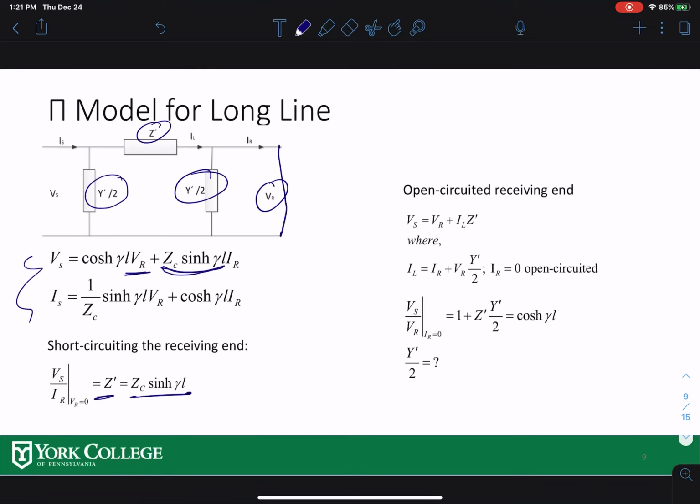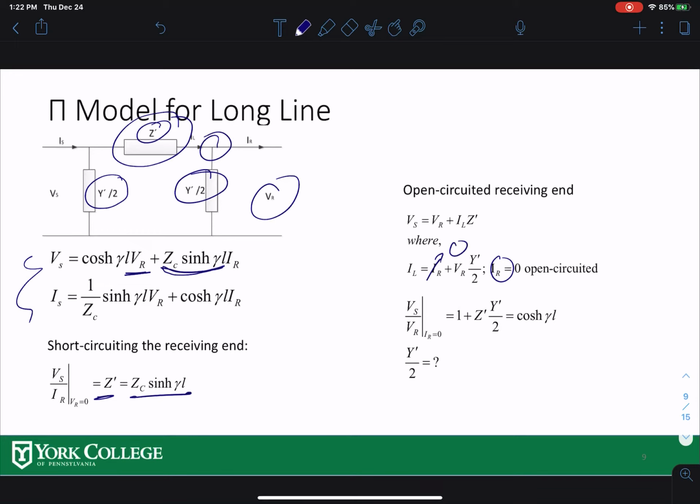And for the open circuit test, if you leave it open, your VS over here is VR plus whatever loss over here. And also for the open circuit test, your IR is 0.